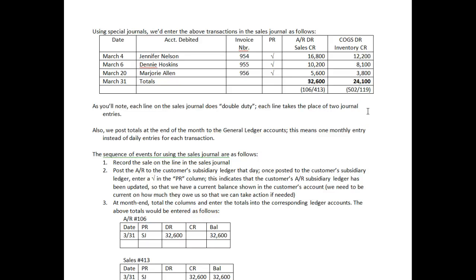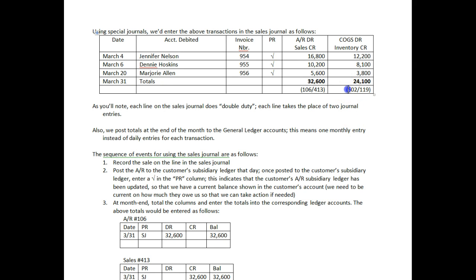I wouldn't write these in until I have posted these totals to my ledger. Once I've posted in the first column the 32,600 to accounts receivable and sales, I would then write 106. That represents the debit that went to the AR account. This 413 represents the credit that went to the sales account. Okay? And again, these are numbers based on my chart of accounts.